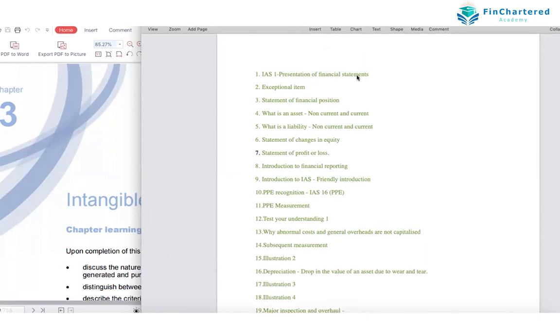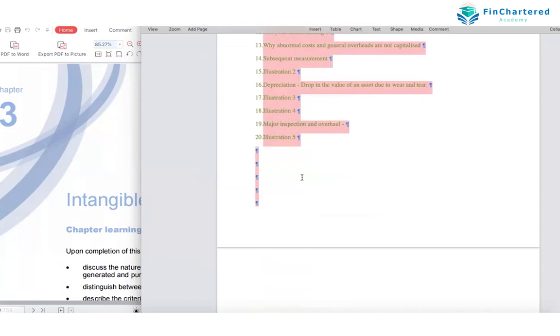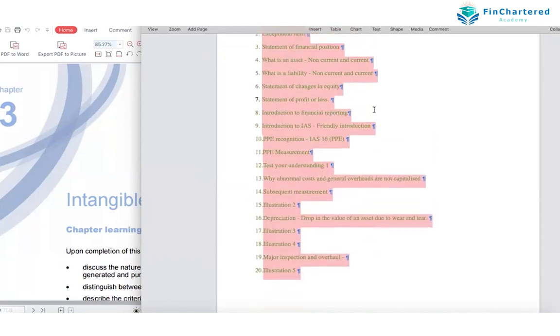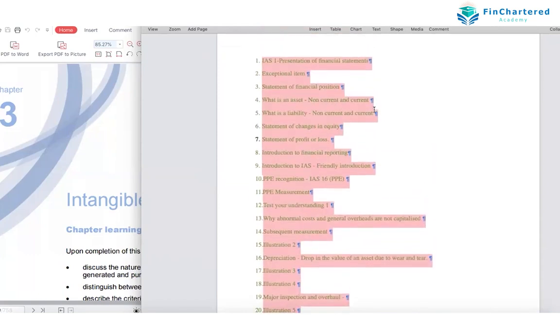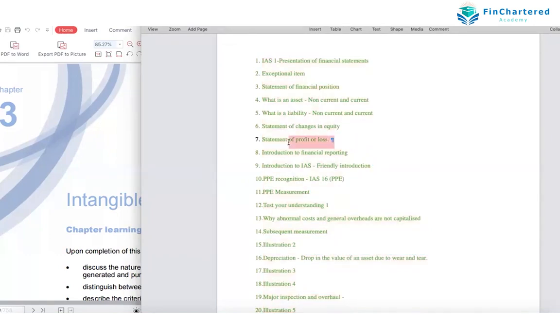So in the LMS, you will be able to see which video covers which topic. So if any specific topic you don't understand or it is not easy for you, you can look at which video covered that topic. Oh, okay, statement of profit or loss was covered in the first video. So you can watch that. Basically it's like a table of contents.